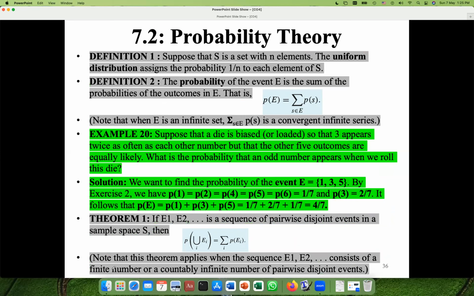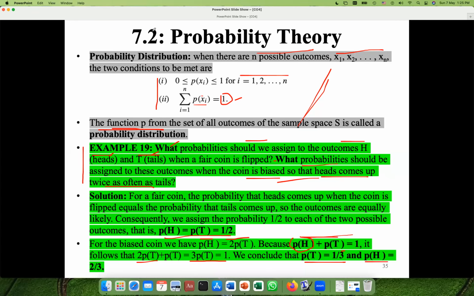Now, what is uniform distribution? So in a probability distribution, the values of the probability among these outcomes may be different from each other.